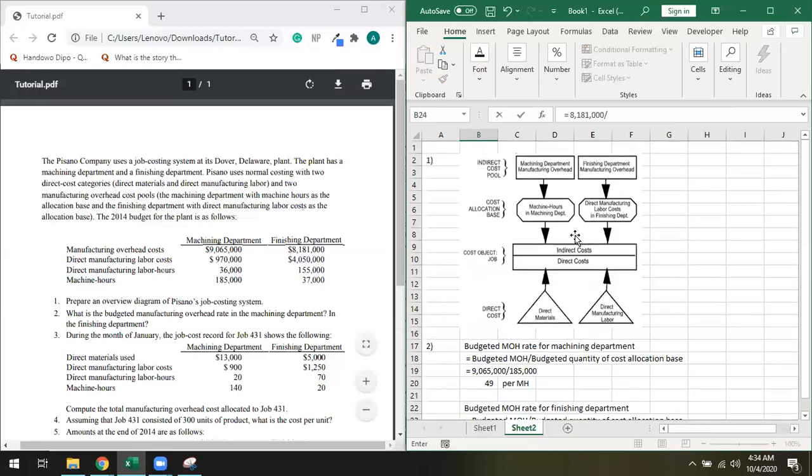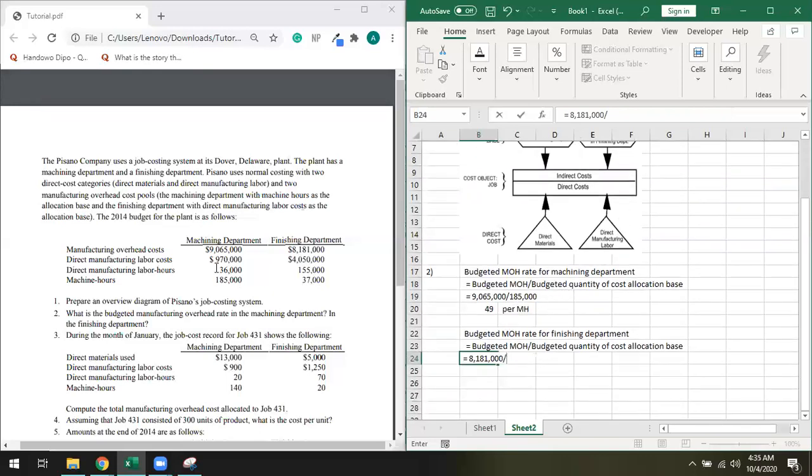The cost allocation base for finishing department is the direct manufacturing labor cost. So we want to find what is the direct manufacturing labor cost for finishing department. And it turns out, here's the $4,050,000.